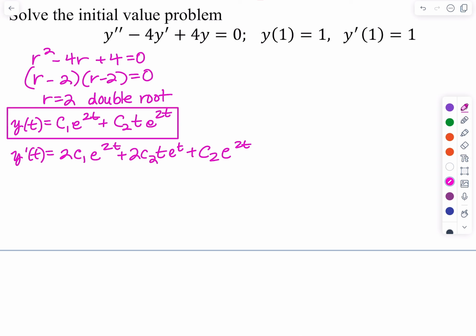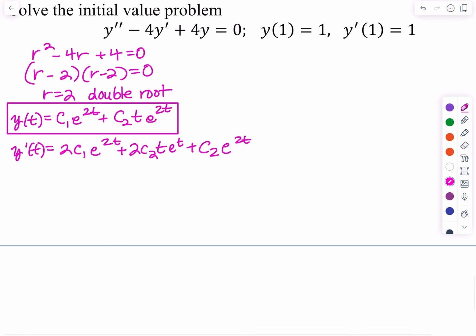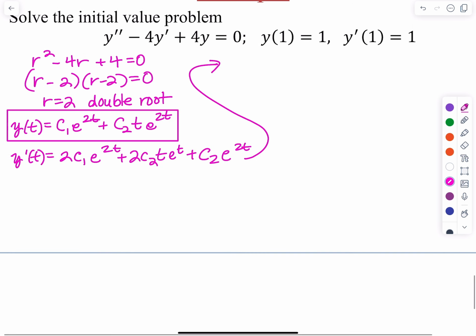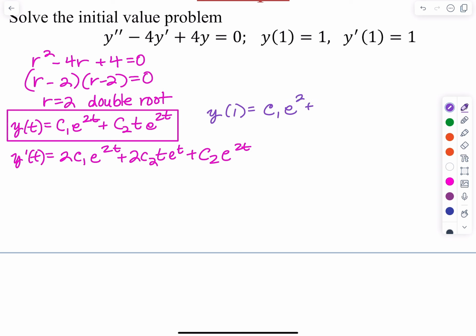And now we can go ahead and use our initial conditions. I can just do it right to the right of that. We have y of 1 is equal to c1 e squared plus c2 t e squared.